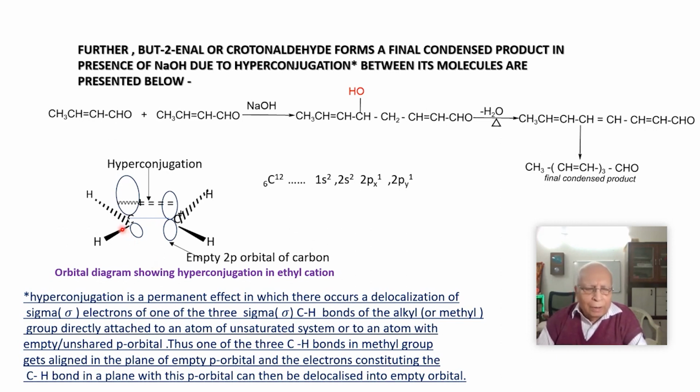This methyl group, as known to us, is an electron releasing group, and there are two vacant p orbitals, one in each of the two carbon atoms.